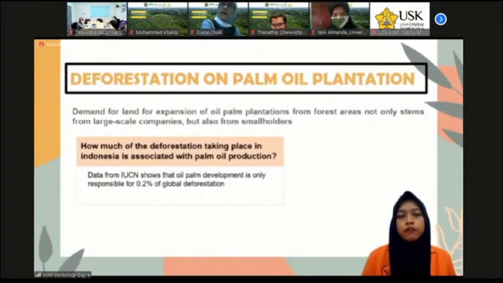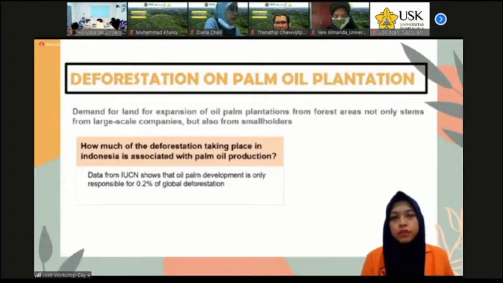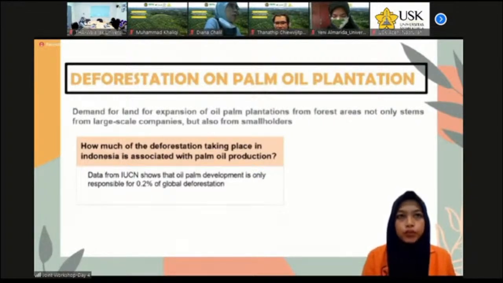So, how much of the deforestation taking place in Indonesia is associated with palm oil production? Data from the International Union for Conservation of Nature, or IUCN, showed that oil palm development is only responsible for 0.2% of global deforestation.